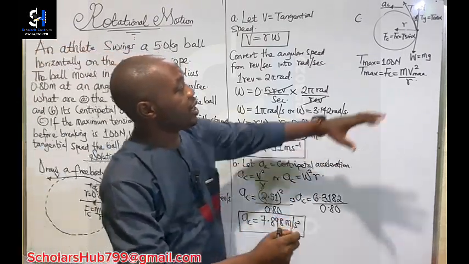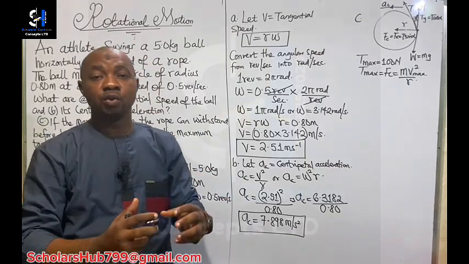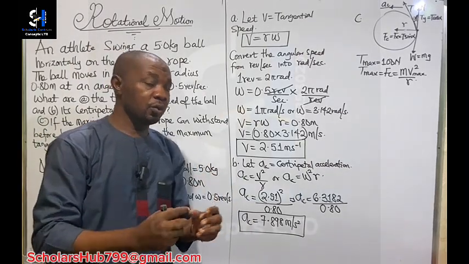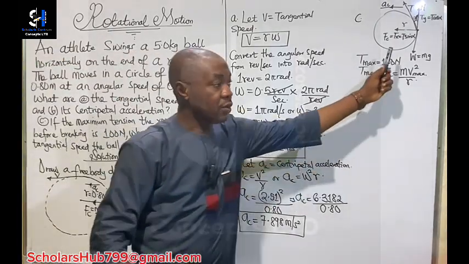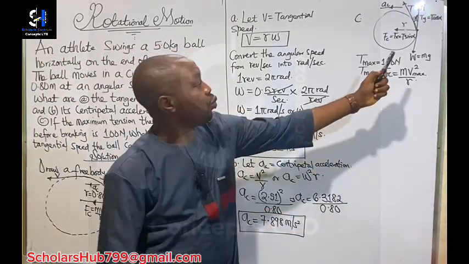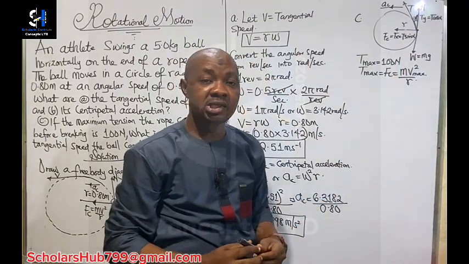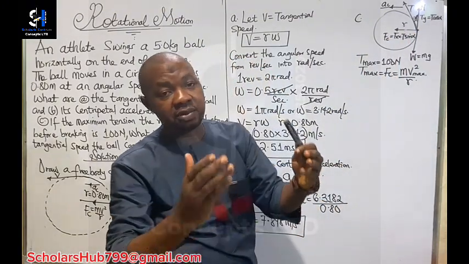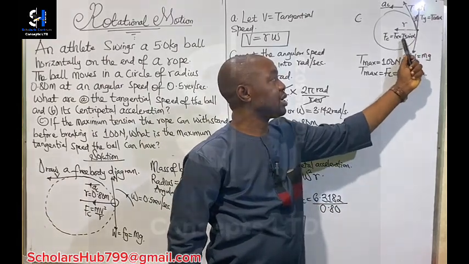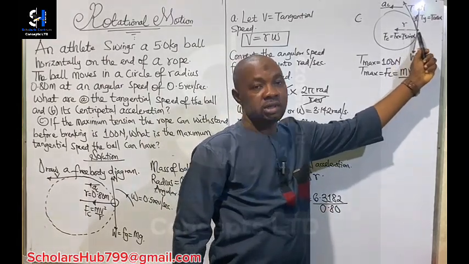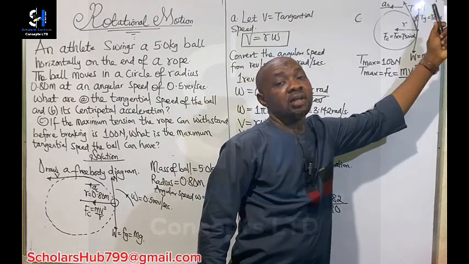I only use this to explain, because the diagram can be drawn in many ways. This is one way, and this is another way. When the angle which T makes is theta with the horizontal, then Tx equals T cos theta, and Ty equals T sine theta.